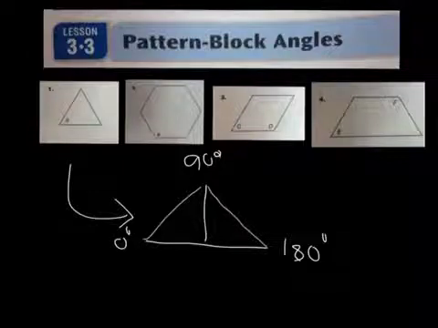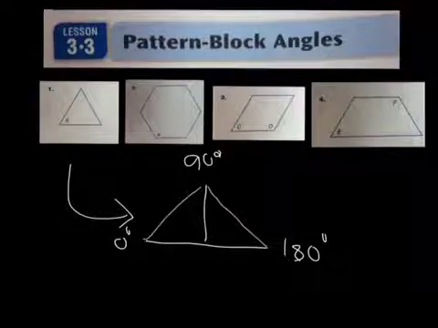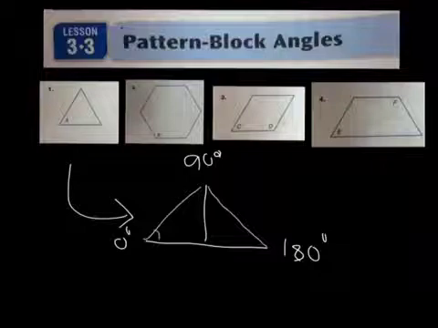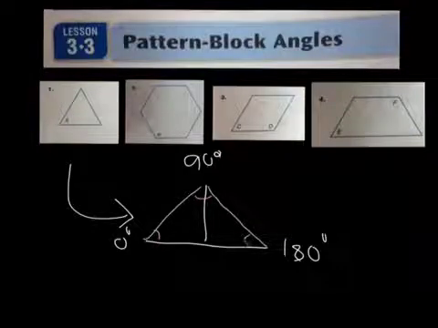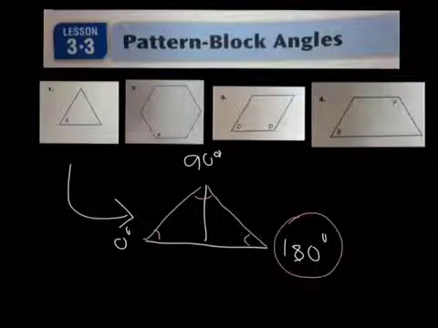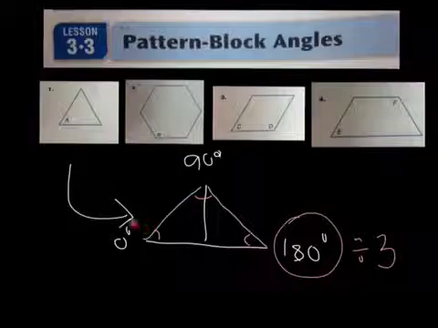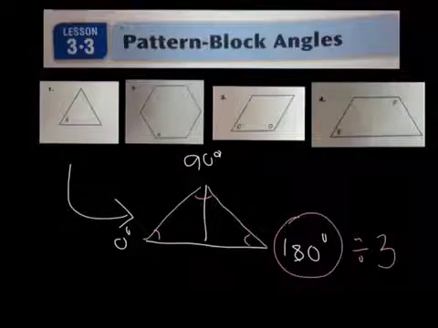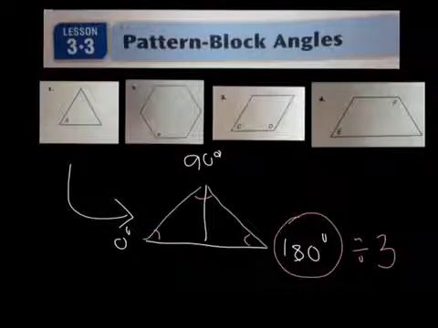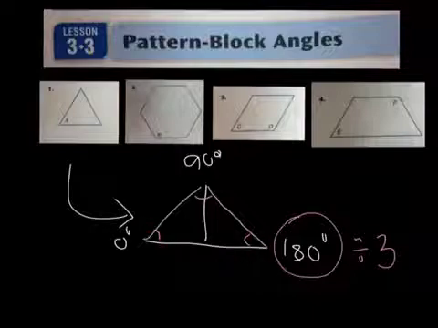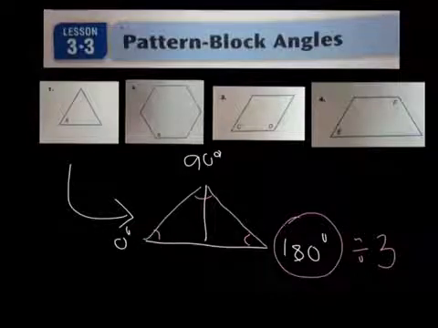If I wanted to measure how much each degree I have here, I could probably just simply divide 180 by 3, and that could give me each one of these angles. But that would work, boys and girls, only with equilateral-type triangles where all angles are the same. An isosceles triangle has at least 2 angles that are exactly the same.